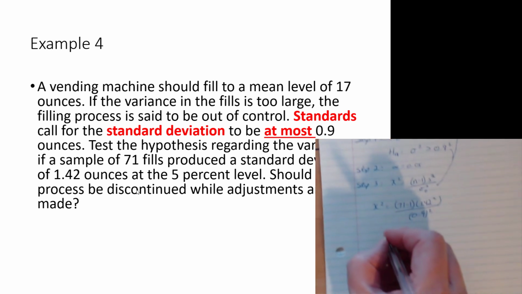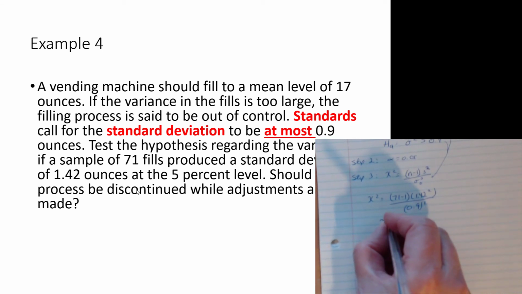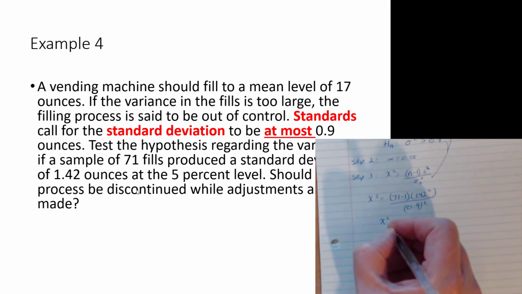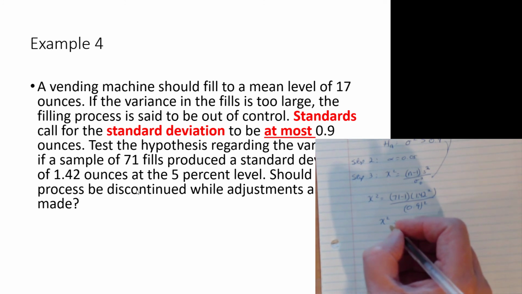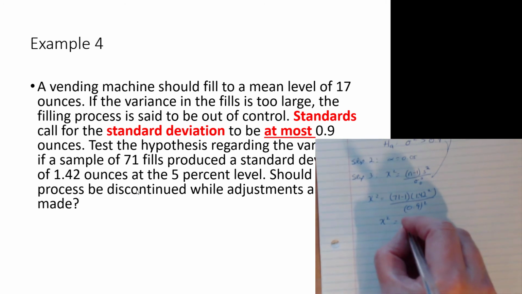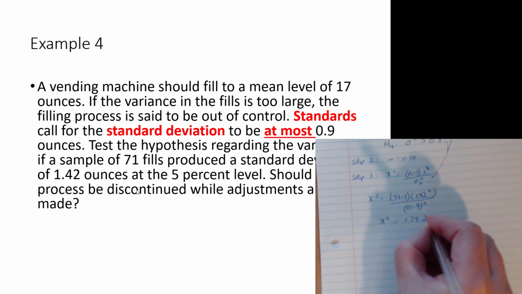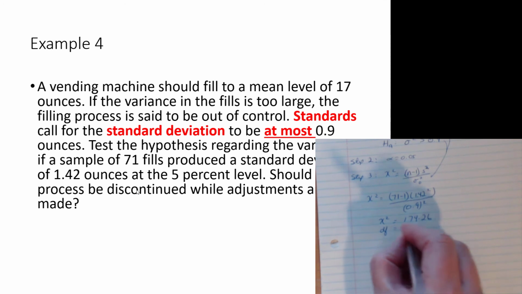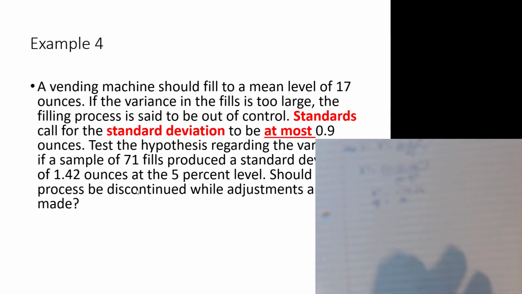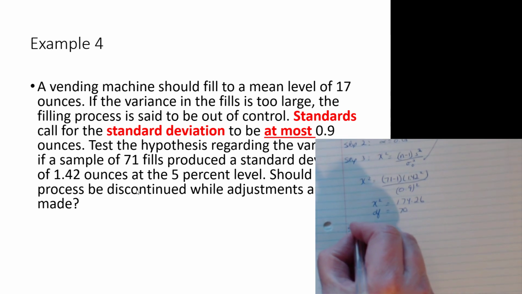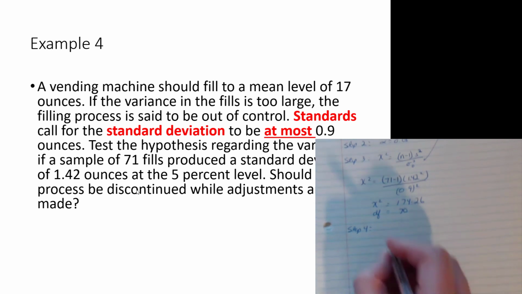Okay. And we get a really big value of 174.26. Huge. Degrees of freedom is 70, as is usually the case, n minus 1 for us in this particular test situation.